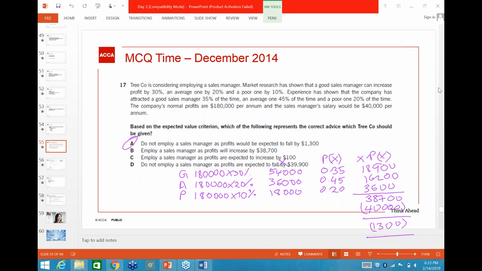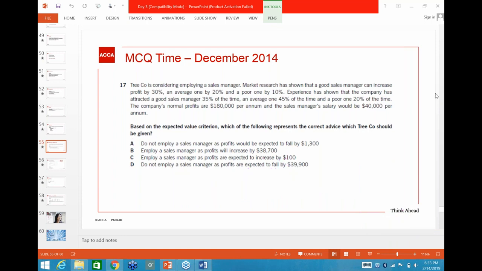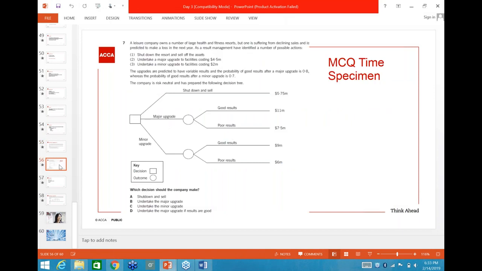If you want, take a screenshot. 5, 4, 3, 2, 1. Next question. MCQ time again from the specimen paper this time around. Question number 7.